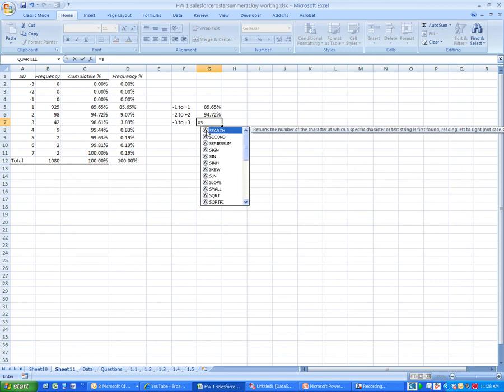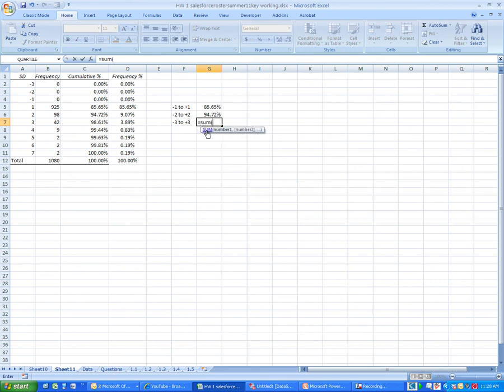Well, again, this is just some simple addition. We're going to go minus 3 to plus 3. So there are our percentages. 85.65% are minus 1 to plus 1 standard deviations. 94.72% of the cases are minus 2 standard deviations to positive 2 standard deviations, and 98.6% are minus 3 to positive 3 standard deviations.